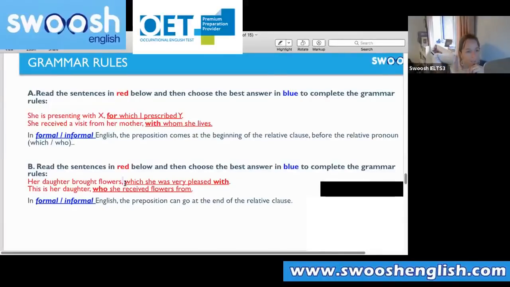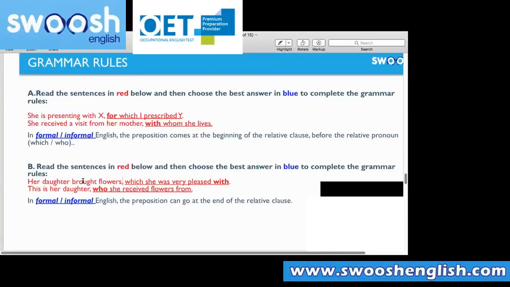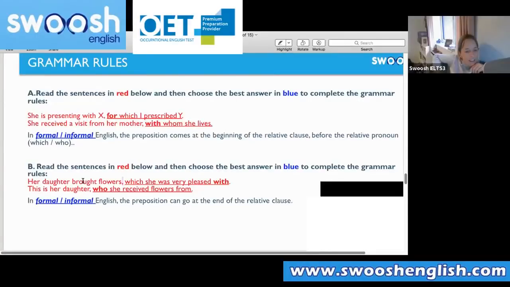Here, this is fine. Her daughter brought flowers. Fine, without the next part. So the next part is just extra information. See what I mean? So I'd say usually you'd put a comma before it, but not always, Malak. Depends if it's extra information or essential information.